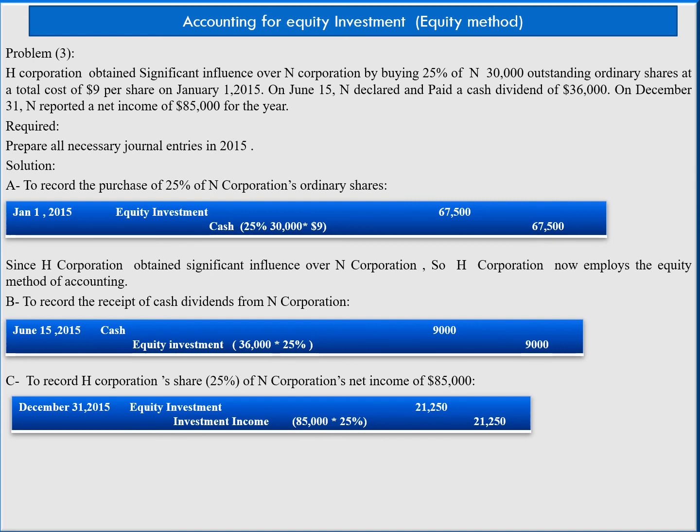When the investee paid dividend, the investor in this case will reduce the value of the equity investment. If the investee reported income, in this case يا شباب we will adjust the equity investment account by my share in the income. As a result, the asset account will increase.